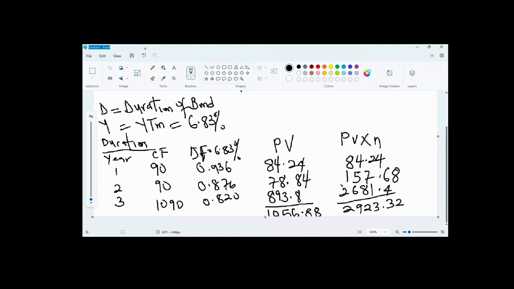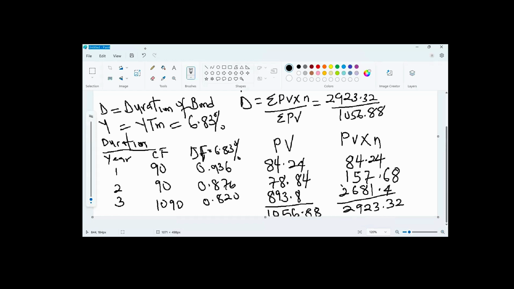Your duration, D, is equal to the summation of present value multiplied by n, divided by the summation of present value. This is equal to 2923.32 divided by 1056.88.